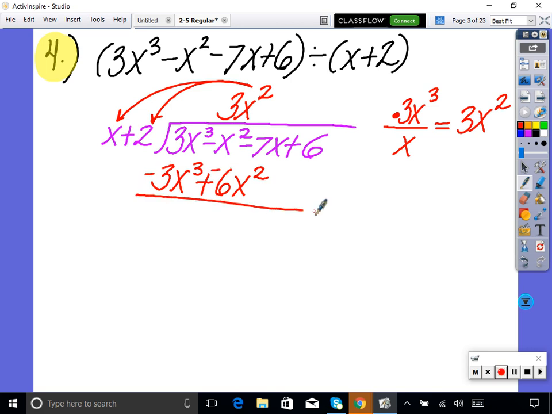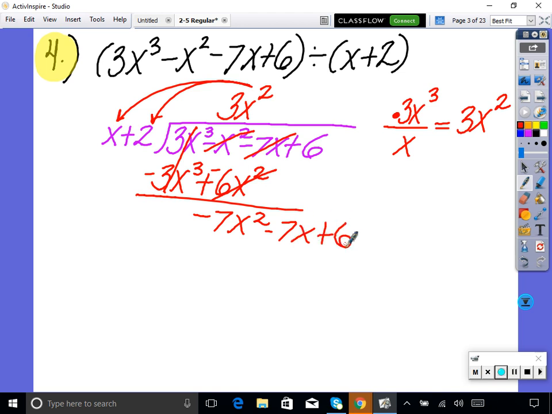And now we're going to add straight down. Gone. Careful here, people mess it up a lot of times. Negative x squared minus 6x squared. Negative 7x squared. And then we still have minus 7x. And we still have plus 6.